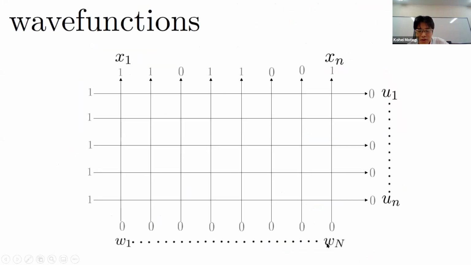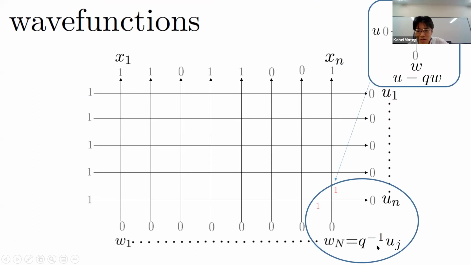So now we set W large N to Q inverse, excuse me, this is a typo, so this is U small n. We set W large N to Q inverse times U small n. And if we look at this part, then if we set W large N to Q inverse U n, then this configuration doesn't contribute.